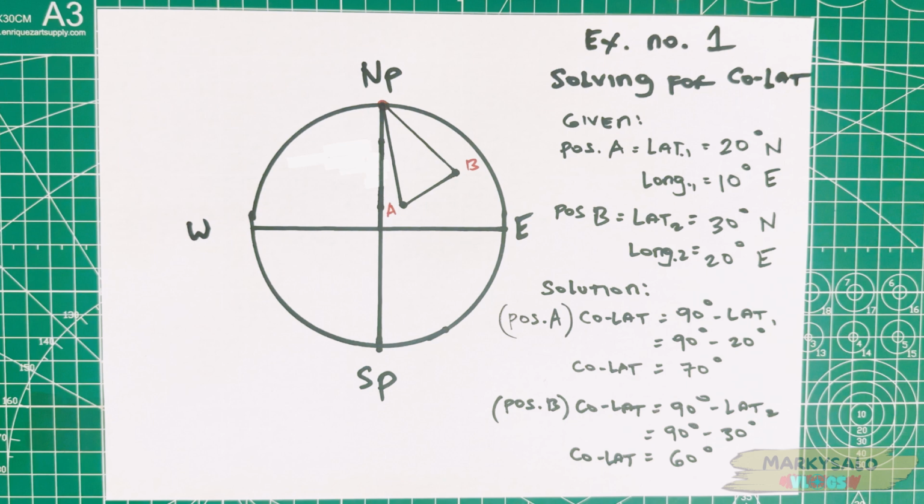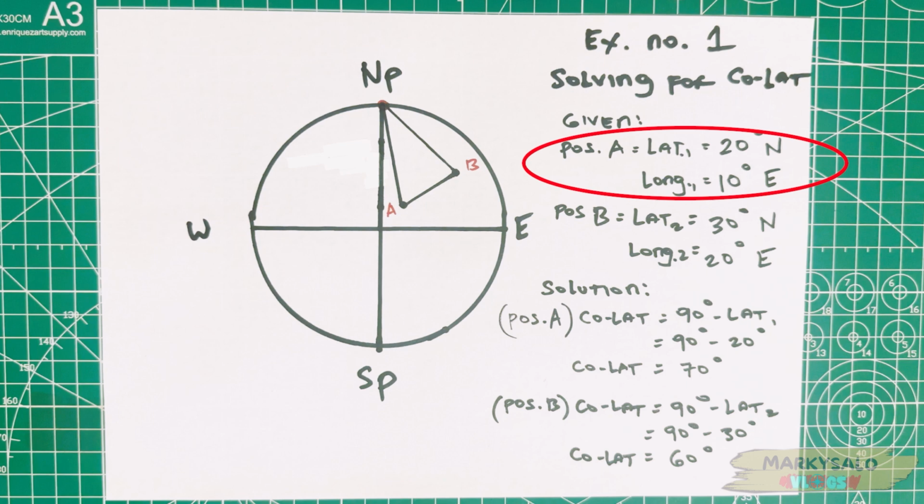the better understanding of the colatitude concept, I have prepared a problem for finding the colat. The givens are in two positions, position A and position B. For position A, also known as our initial position, the coordinates are latitude 20 degrees north, longitude 10 degrees east.